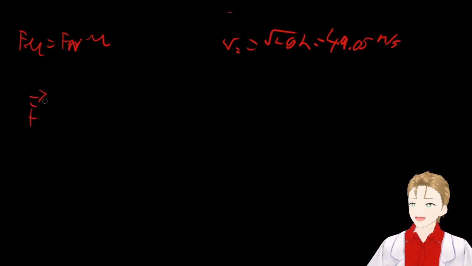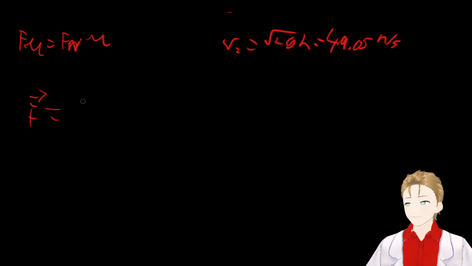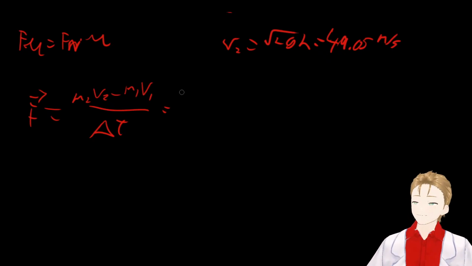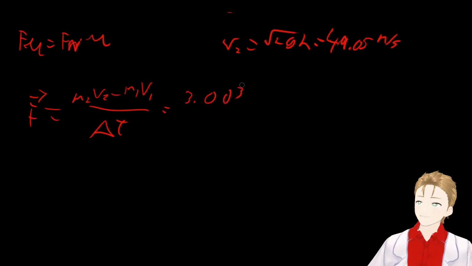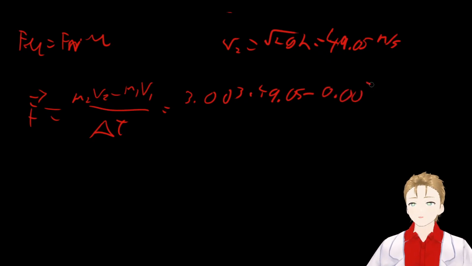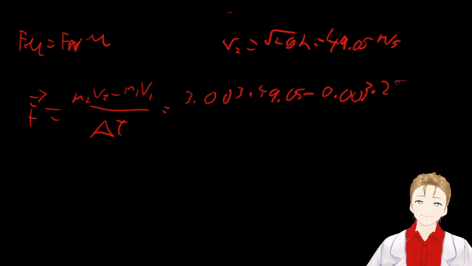Yeah, what if I just try the change? One T, but hmm. 3.003 times 49.05 minus 0.003 times 450.